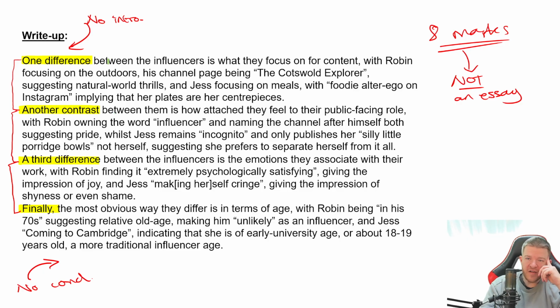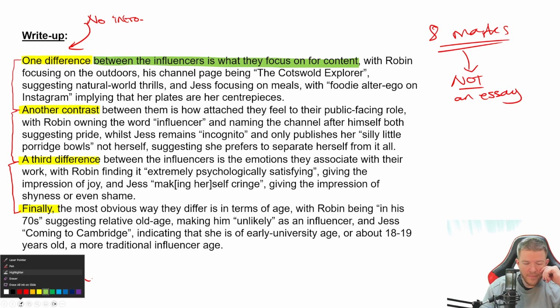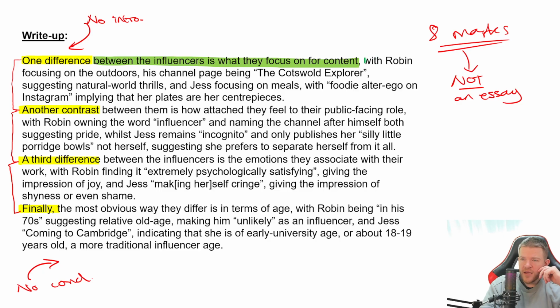So the difference is their focus, and notice how it gets clarified. The difference between them, with Robin focusing on the outdoors, Jess focusing on meals. This is me stating the difference.